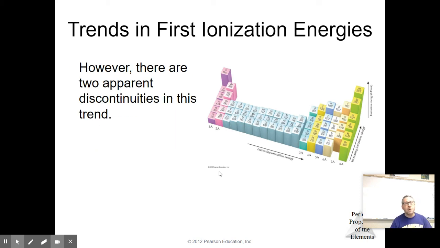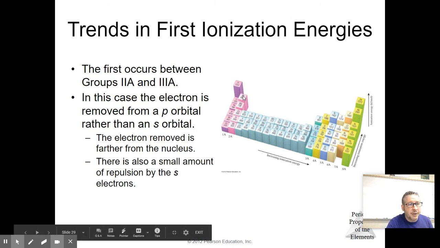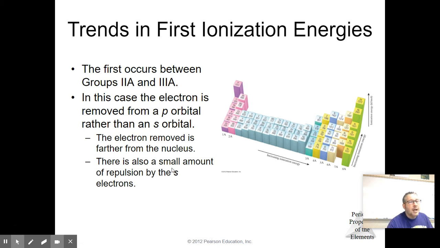But there are two what we call discontinuities in this horizontal trend. The first occurs between groups 2A and 3A. So let's look at beryllium, which is 2A, and boron, which is 3A. The outermost electron in 3A is a single electron in a p orbital, whereas in 2A, we've got 2 electrons filling out the s orbital, so it's kind of happy.